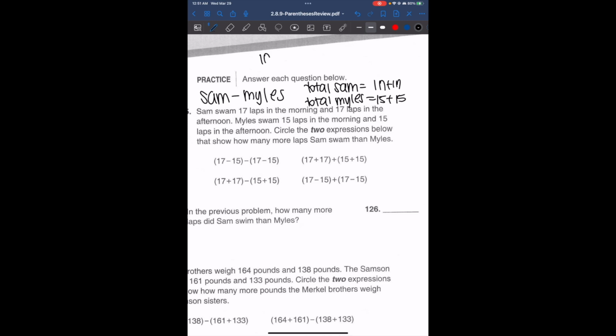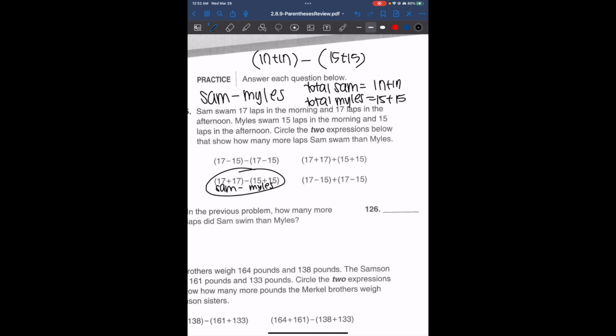We're going to group Sam together and subtract Miles. One way we can write that is this. Oh sorry, that was addition. So the one we were going to choose is this. This is basically Sam minus Miles.